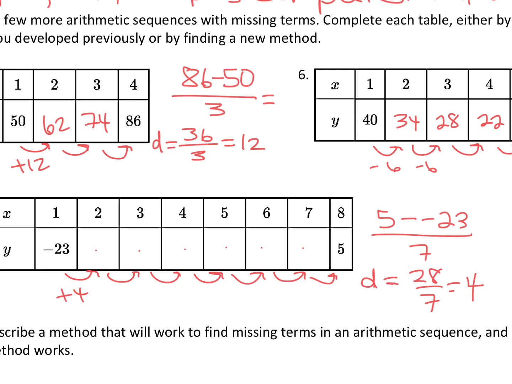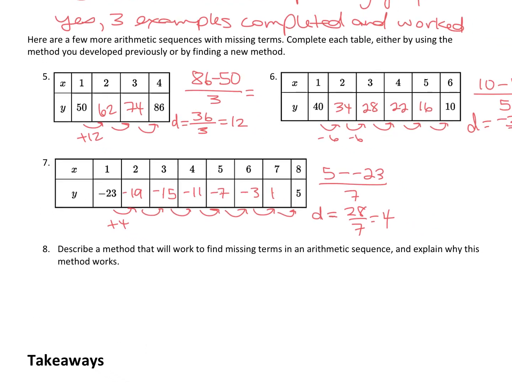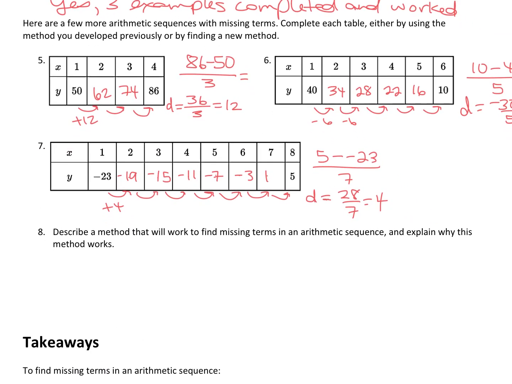Negative 23 plus 4 is negative 19, plus 4 is negative 15, plus 4 is negative 11, plus 4 is negative 7, plus 4 is negative 3, plus 4 is negative 1. Not negative 1, it's actually positive 1, not bad. And then plus 4 is 5. Yep, it worked.